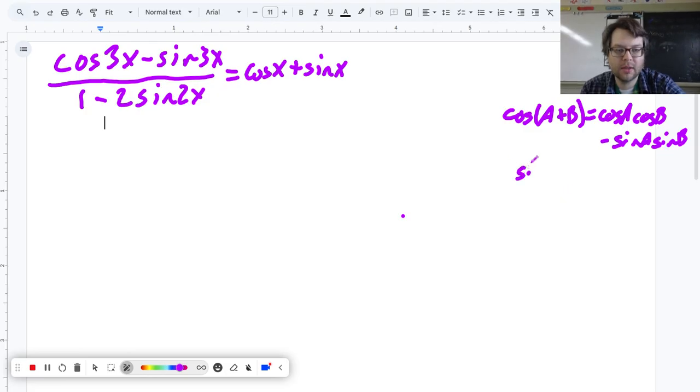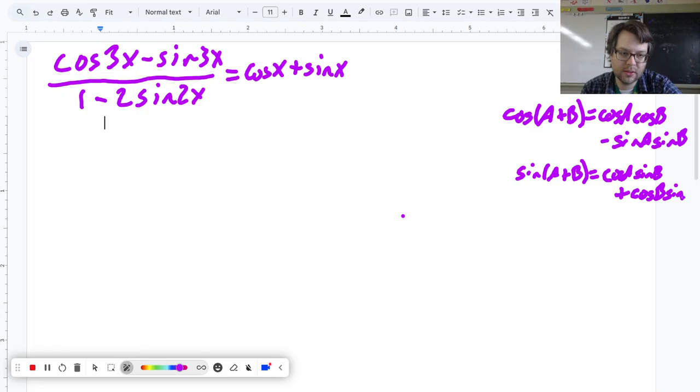And if you did sine a plus b, you get cosine a sine b plus cosine b sine a. Those are just things you can look up if you have a hard time remembering them, which is totally fine.